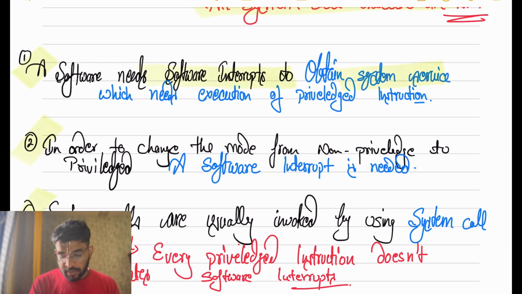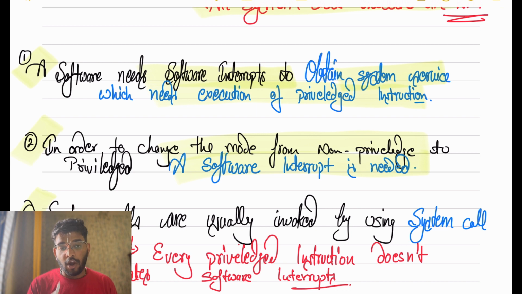A software needs software interrupts to obtain system services, which includes saving a file, exporting a file, and many more, which need execution of privileged instructions. Even allocation of memory is also a privileged instruction. In order to change the mode from non-privileged to privileged, meaning user mode to kernel mode, a software interrupt is needed, and a privileged instruction can generate a software interrupt.